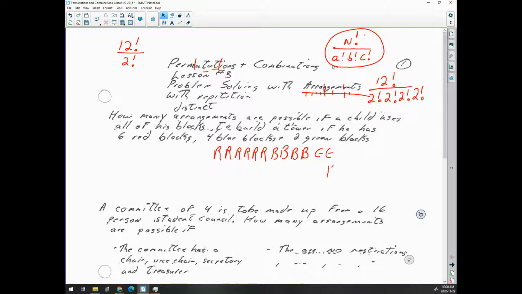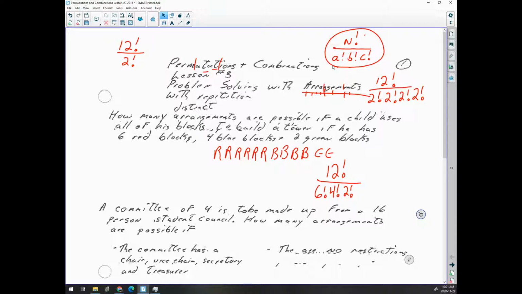So if there were 12 different colored blocks, we would go 12 factorial. These 6 red blocks have to be dealt with by dividing by 6 factorial. The 4 blue blocks have to be dealt with by dividing by 4 factorial, and the same for the 2 green blocks.